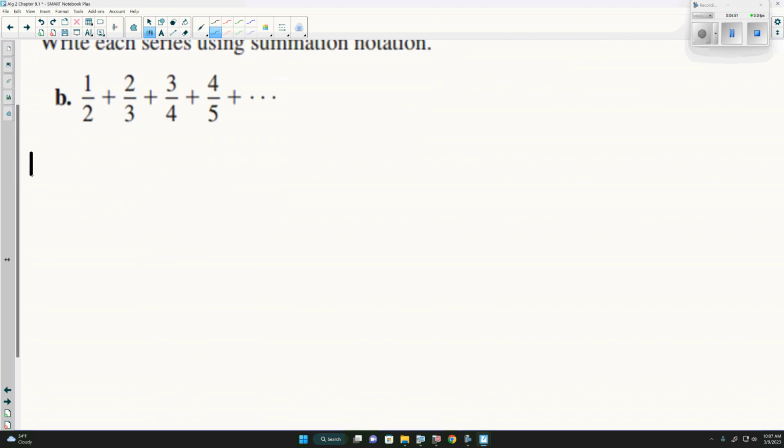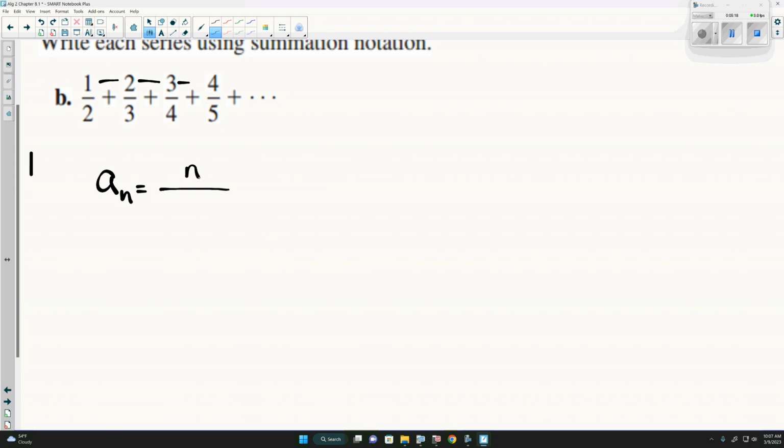Now, if we look at the next one here, it goes off infinitely because we have the plus dot dot dot. It doesn't have an n number. But we do need the rule for this. And this rule should look familiar. It's similar to what we've had before. Now the numbers on top of the fraction are increasing, so I could say that it is n.